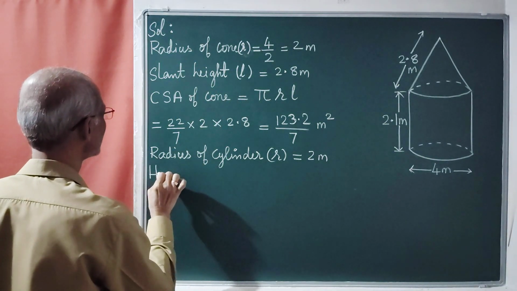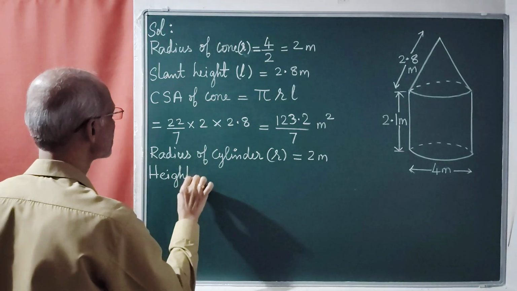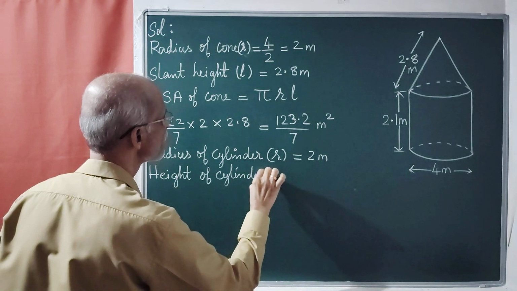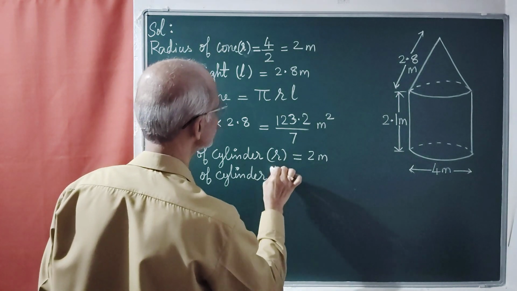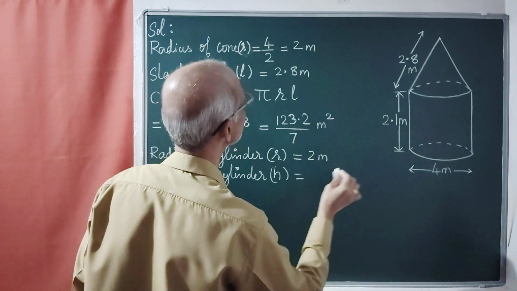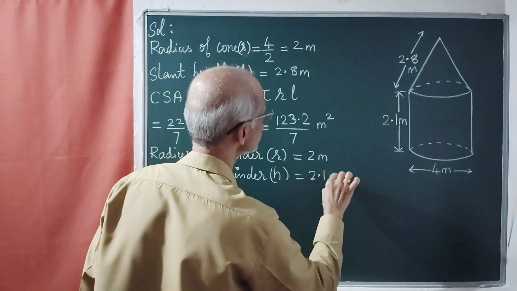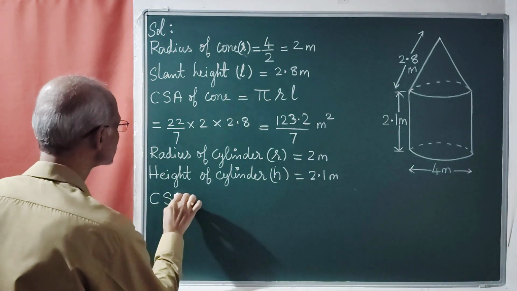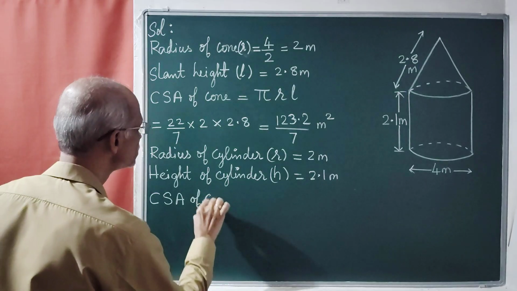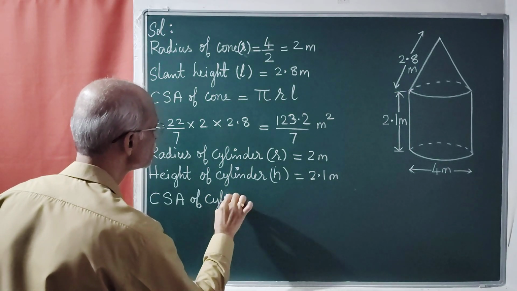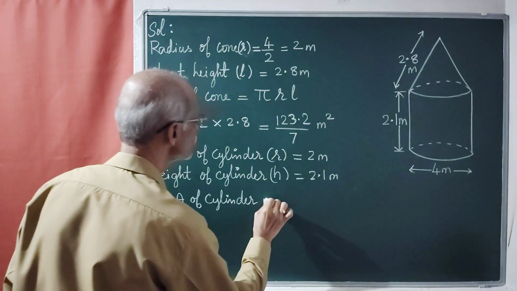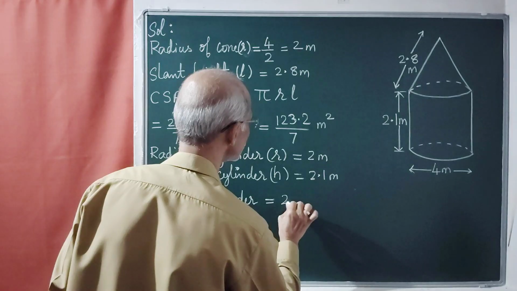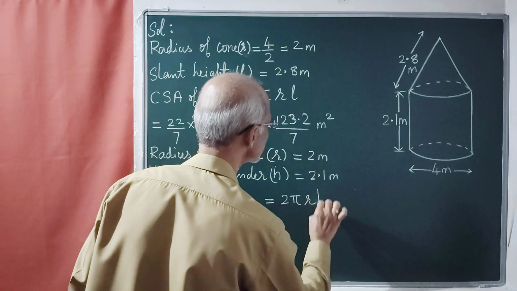Height of cylinder H equal to 2.1 meters. CSA of cylinder is equal to 2 pi RH.